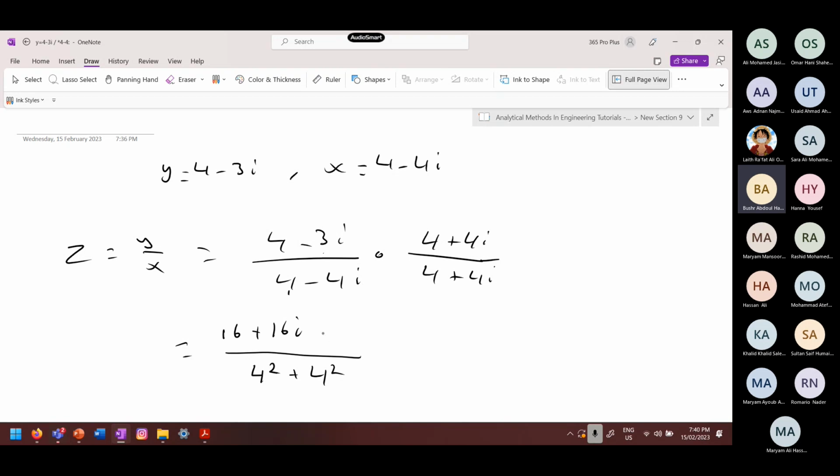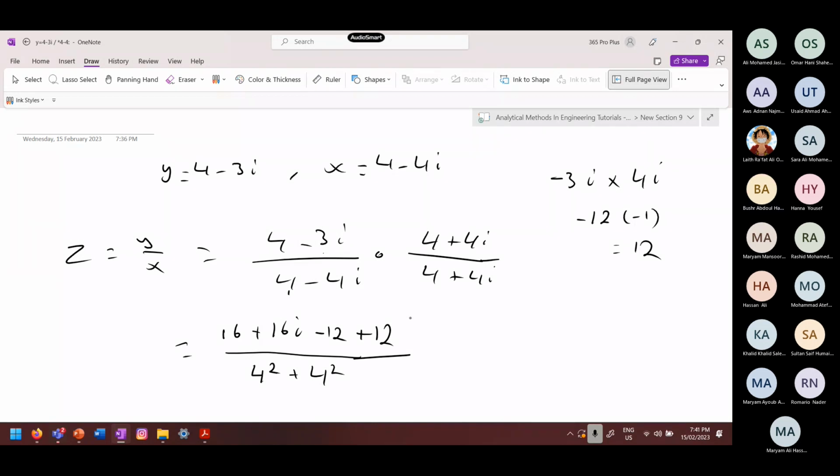Negative 3 multiplied by 4 is negative 12. Negative 3i multiplied by 4i is equal to what? Plus 12. Do you know how to get this? Negative 3 times 4 is negative 12, i times i is negative 1, so you'll get a 12.